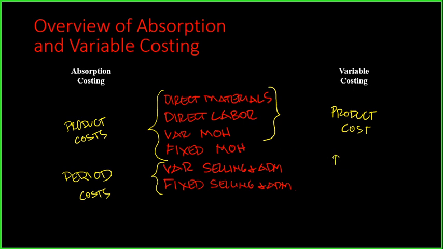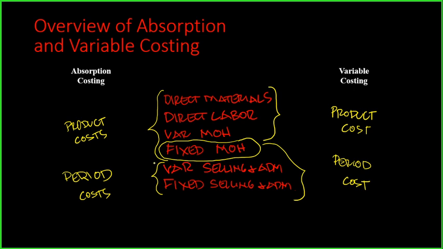While your period cost will be composed of your fixed manufacturing overhead, your variable and fixed selling and administrative costs. So, nandito po yung main difference ng absorption costing and variable costing.